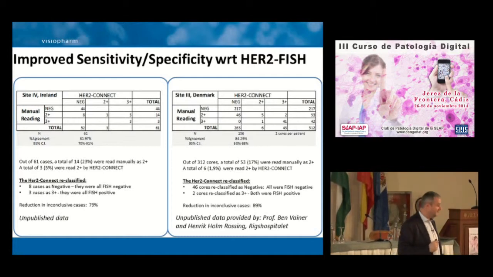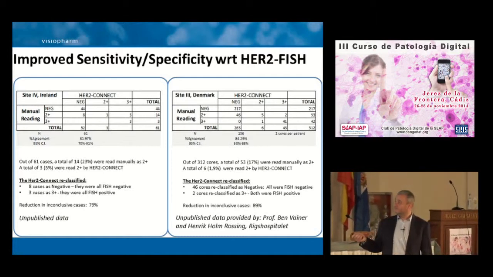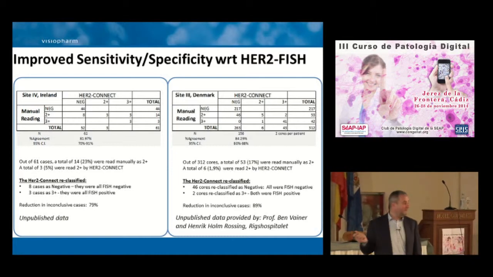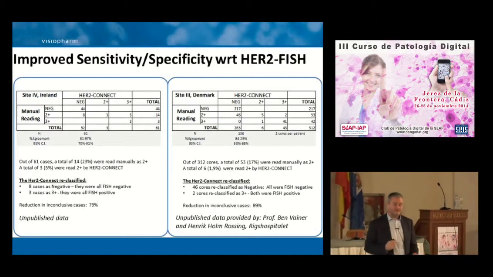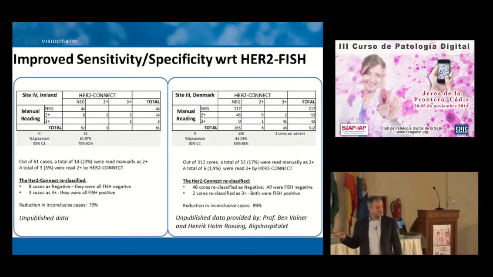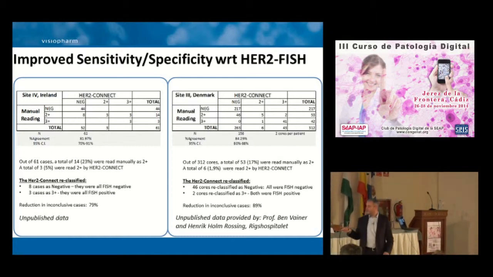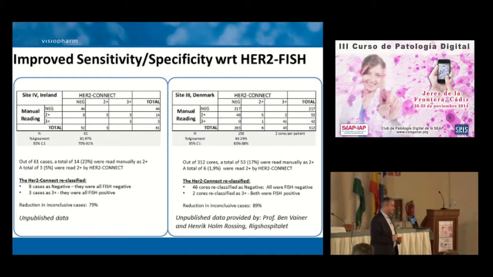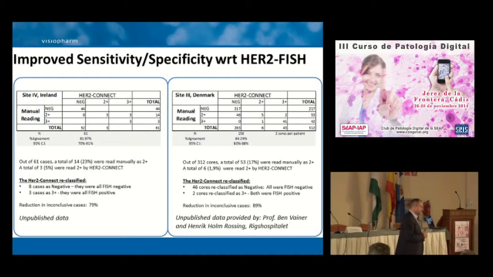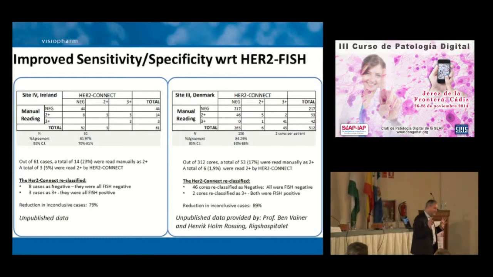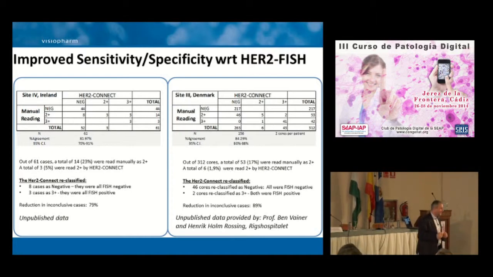So they were correctly reclassified. 2 of these were reclassified as being positive. And when we checked FISH results, they were both positive. So in other words, we can reduce the inconclusive cases here with almost 90% without losing sensitivity or specificity.